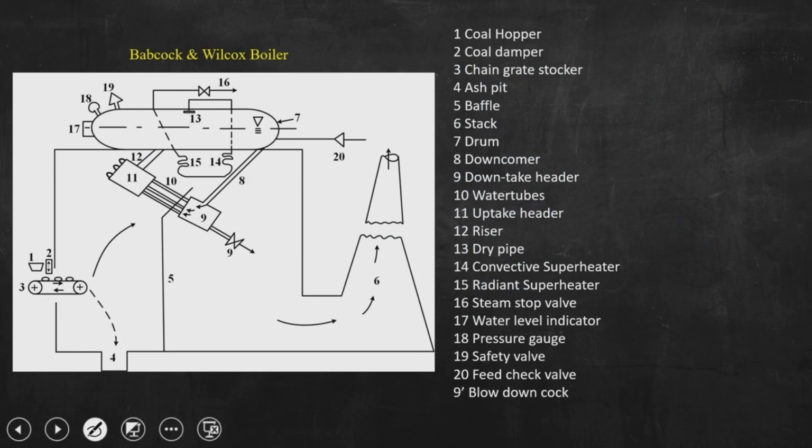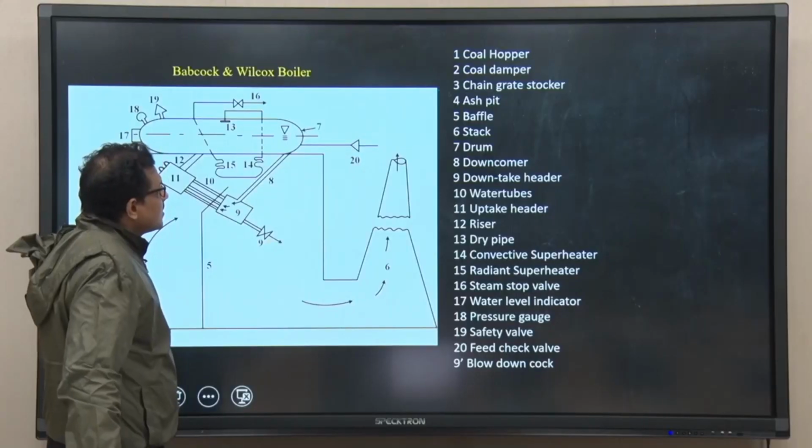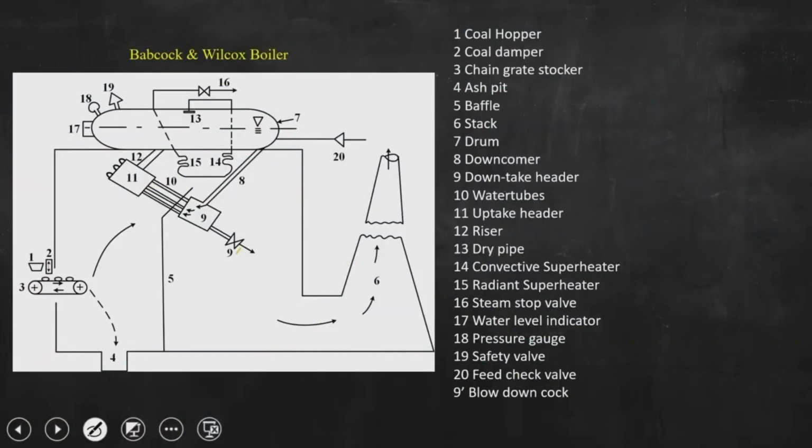The components are 1 to 20 including 9 prime: coal hopper, coal damper, chain grate stoker, S-pit, baffle, stack, drum, downcomer, downtake header, water tubes, uptake header, riser, dry pipe, convective superheater, radiant superheater, steam stop valve, water level indicator, pressure gauge, safety valve, feed check valve. These three are very important.